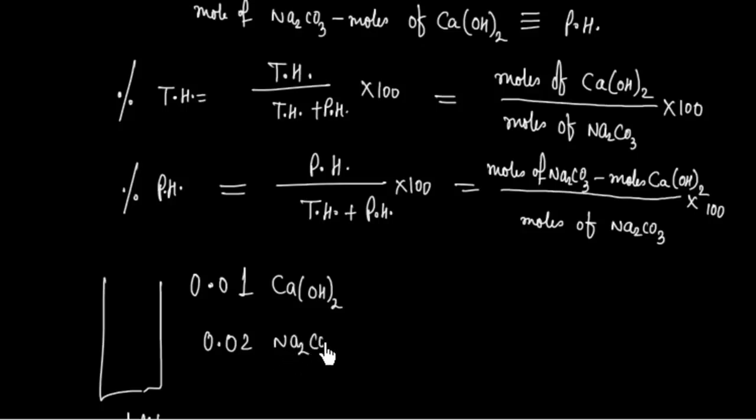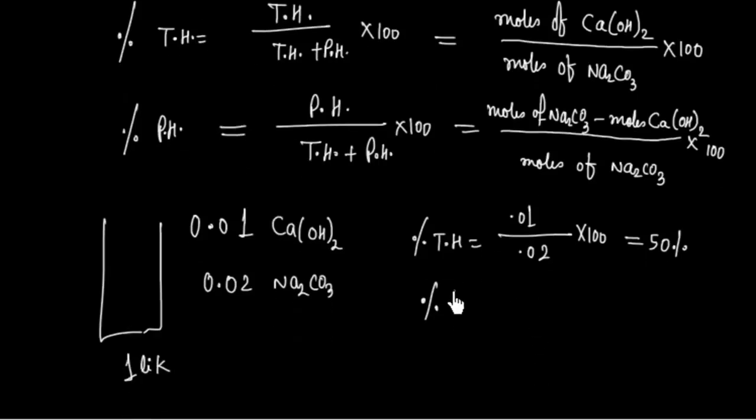So in this case we can calculate percentage of temporary hardness, that is 0.01, the mole of calcium hydroxide, divided by the total 0.02, into 100. So we will have 50%. So 50% is temporary hardness, then permanent hardness is also 50% in this case. So equally.